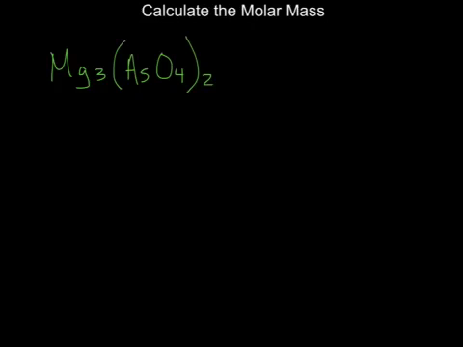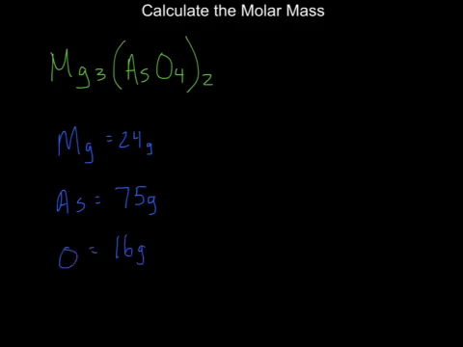Now let's continue this process, right? We are still finding the molar mass. So magnesium, we have 24 grams. Arsenic is 75 grams for its molar mass, and oxygen is 16 grams. Alright, now we see that magnesium we have 3. So multiply by 3.